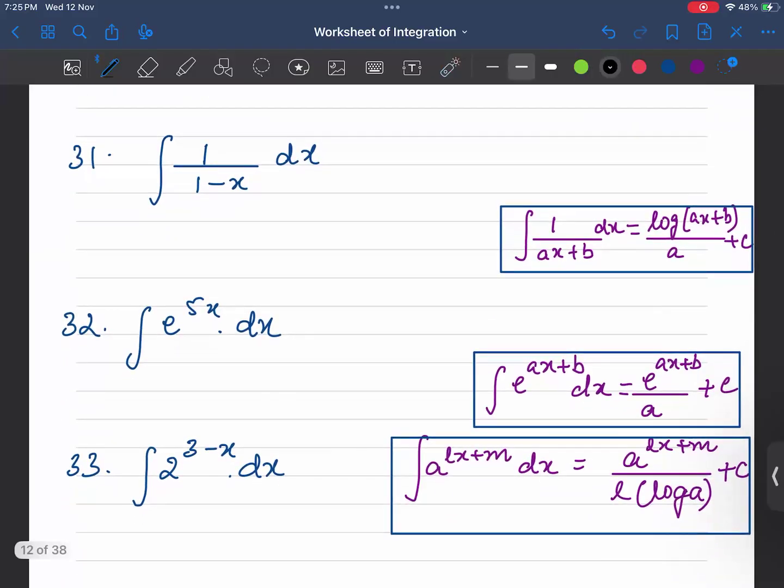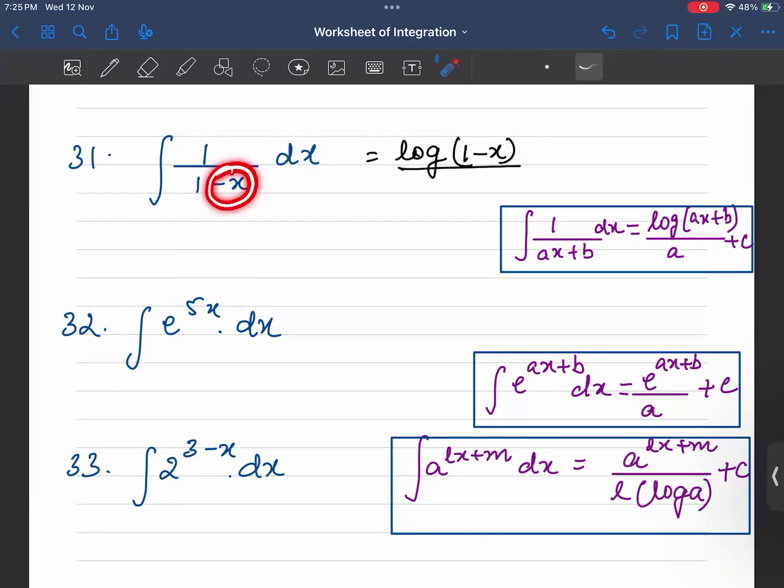1 upon 1 minus x. When you see this, you feel like, okay, this is 1 minus x, 1 upon some value, that is an integration. It would be something log. So it would be log 1 minus x. But at the same time, whatever is multiplied with x, what is multiplied with x here?